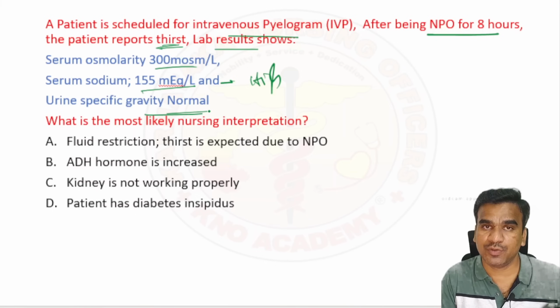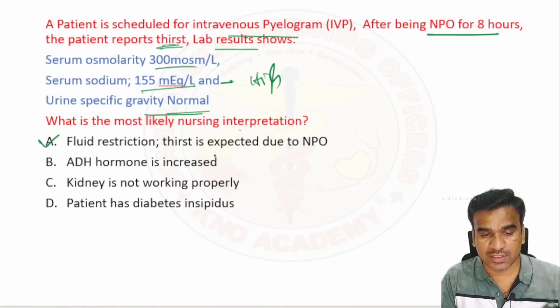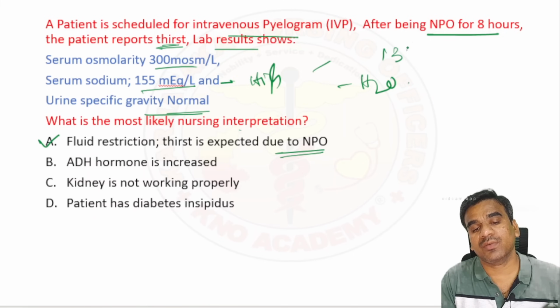We should know this point. The most likely nursing interpretation is that the thirst is expected due to fluid restriction from the NPO. Sodium is high, so we have to give water. Normal sodium is 135 to 145.